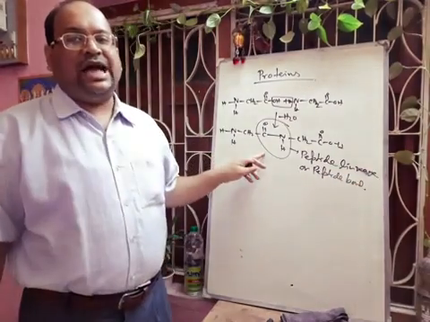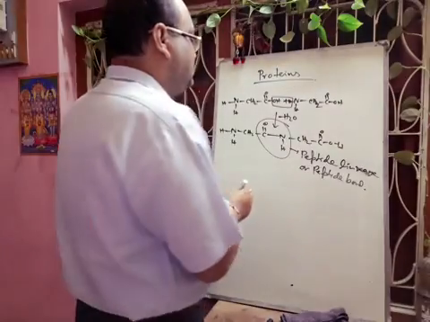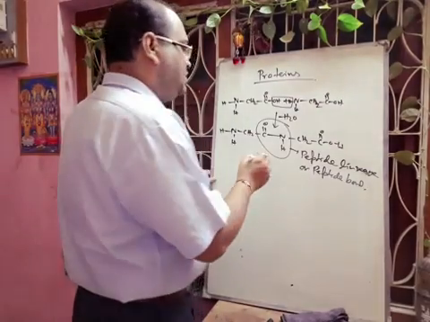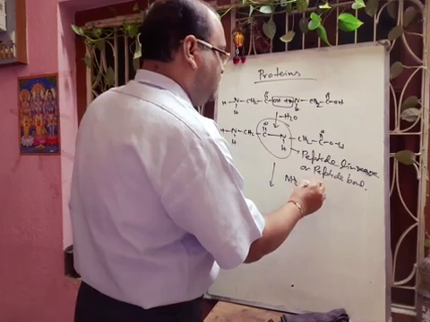And this is a dipeptide, and if we add another glycine here, then there will be formation of a tripeptide. So we are adding another glycine, NH2 CH2 COOH.